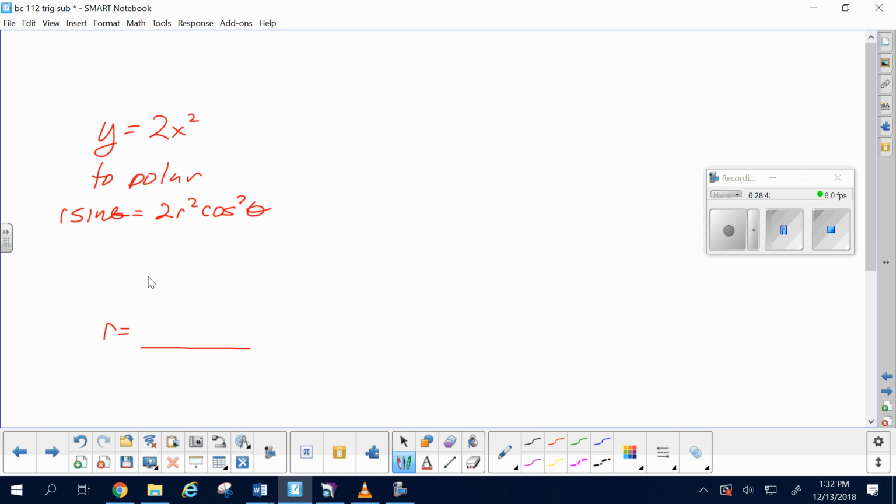Unless the problem says you don't have to, it's expected you solve for r. Now, the temptation is for students to say, can I divide an r out? You have been taught so well that you are rightly wary of dividing a variable out.